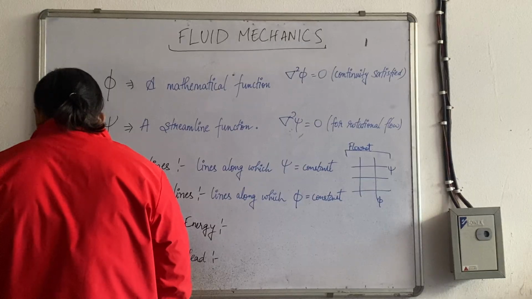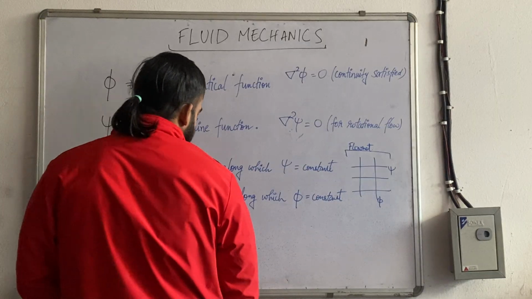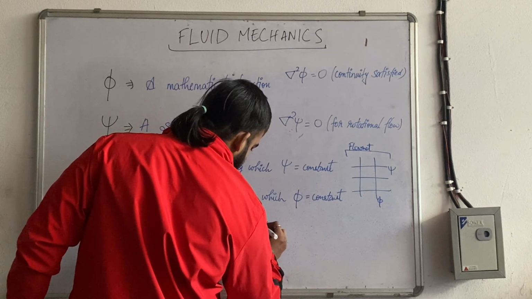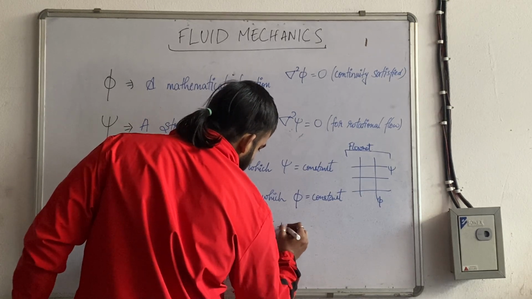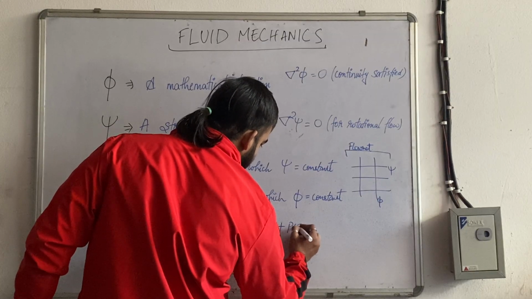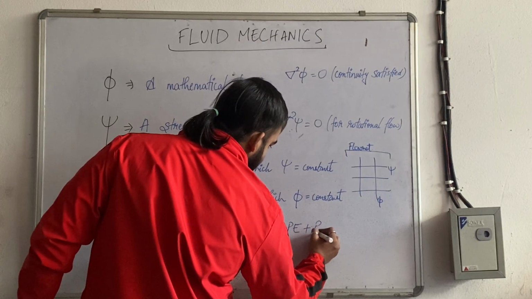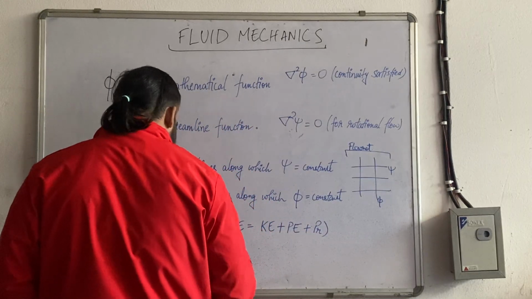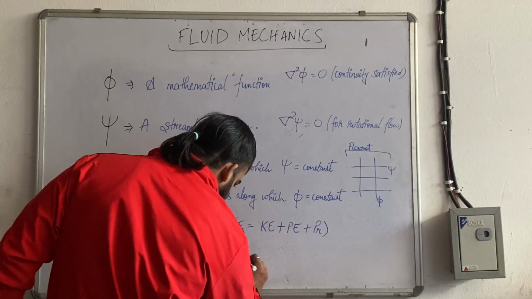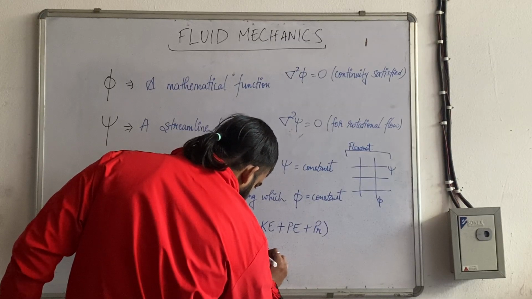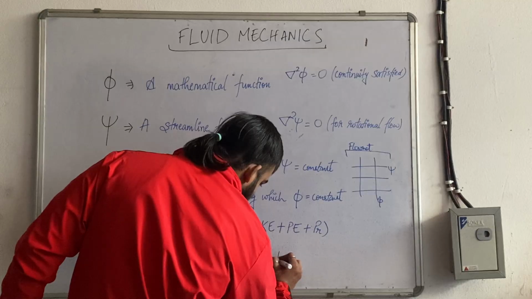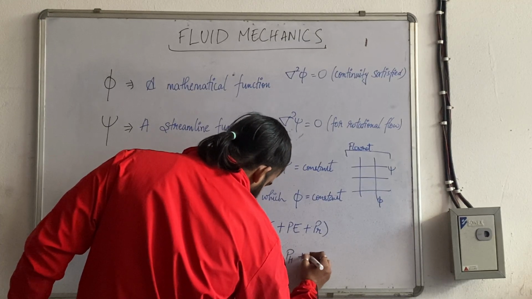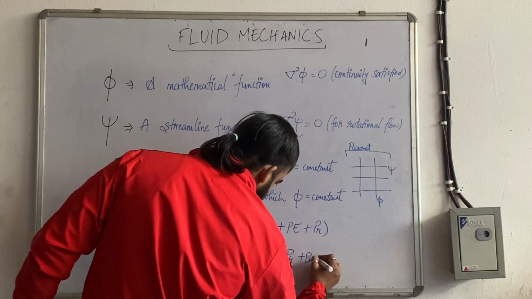In terms of energy, it can be written as E is equal to kinetic energy of the fluid plus potential energy of the fluid plus pressure energy of the fluid. In terms of head, it can be written as H is equal to kinetic head of the fluid plus potential head of the fluid plus pressure head of the fluid.